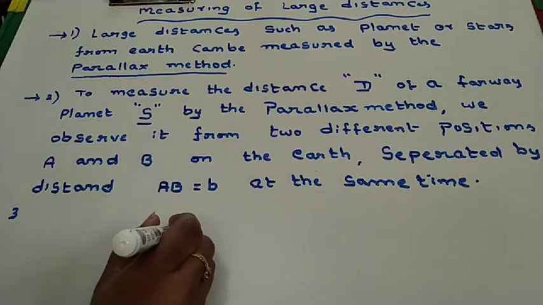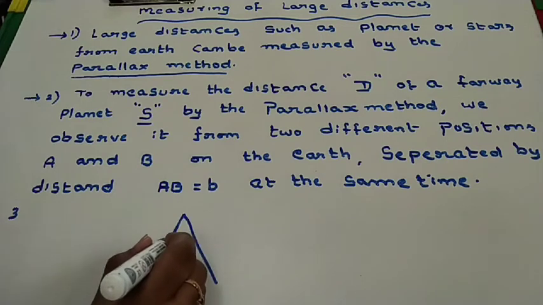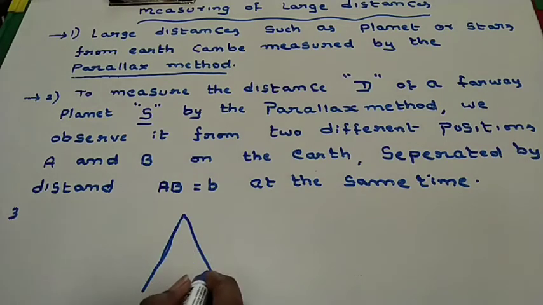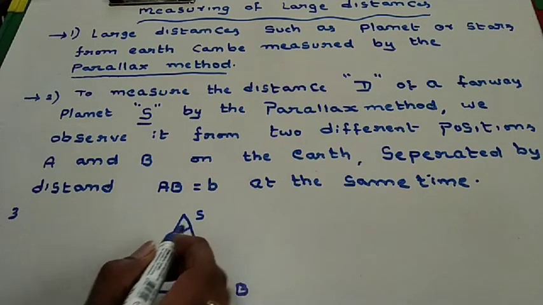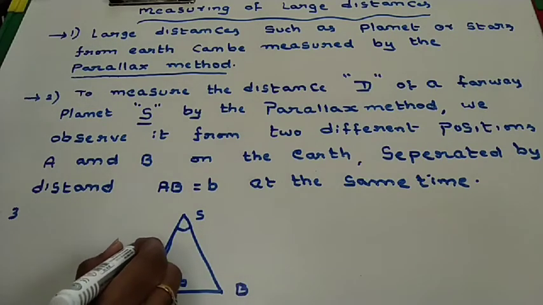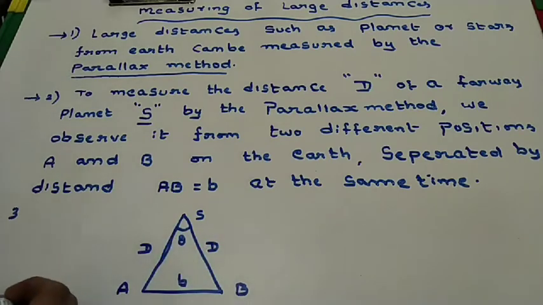Now take this as A, this as B, consider the distance small b, and consider this point S. Here it is distance D, and this is also the same distance D, with the angle theta.